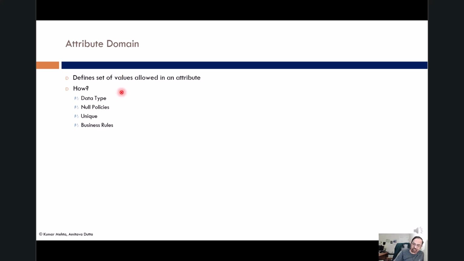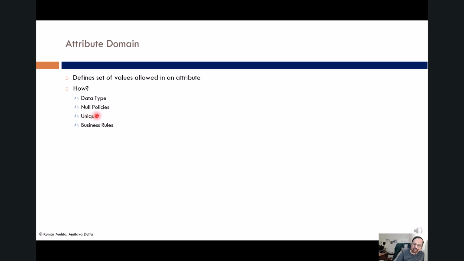The discussion we've had so far is that data type is an aspect of the attribute domain. We are telling the database management system that this particular attribute can take certain types of values. The next thing we discuss is telling the system that the value the attribute takes could be null or may not be null. So that's null policy: what's the policy regarding nulls?